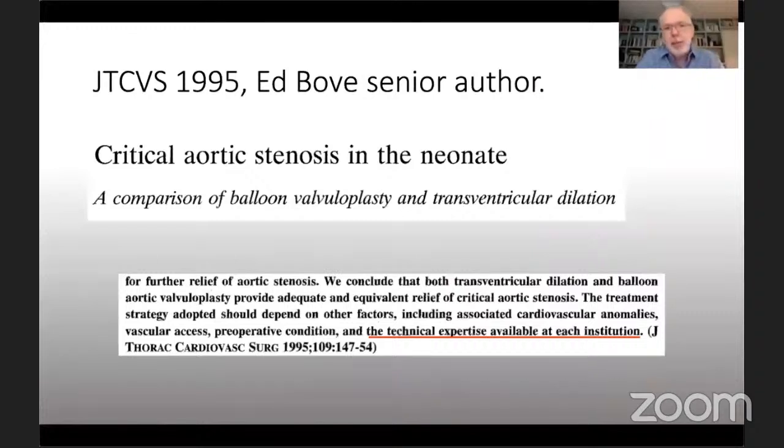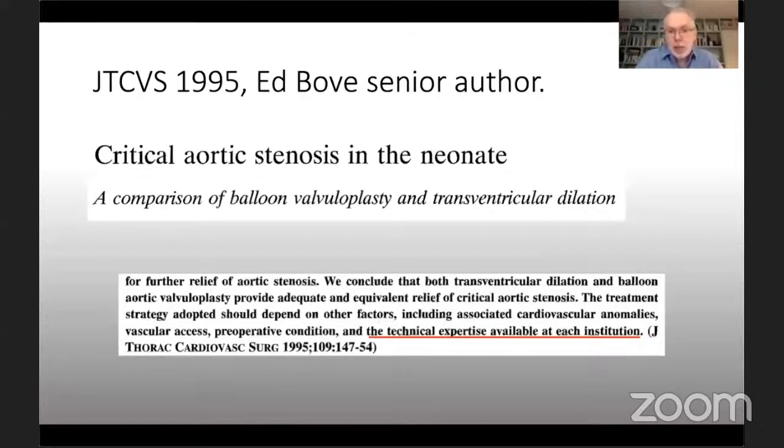Now, another interesting paper around the same time was a surgical paper from Ann Arbor. Ed Beauvais was the senior author, and it was a comparison of balloon valvuloplasty and transventricular dilatation in critical aortic stenosis in the neonate.